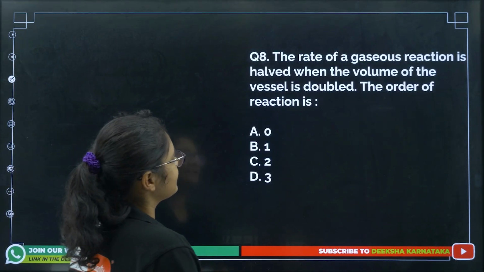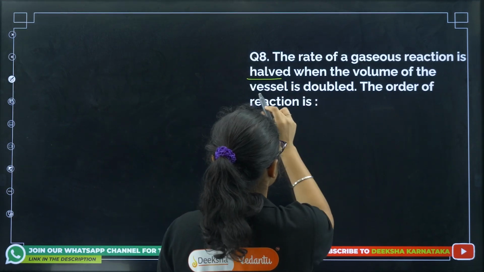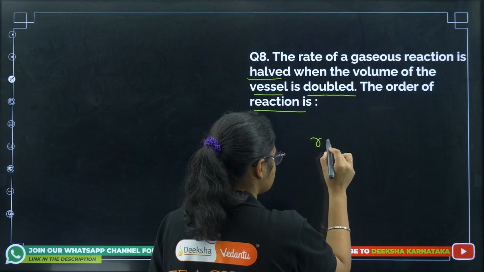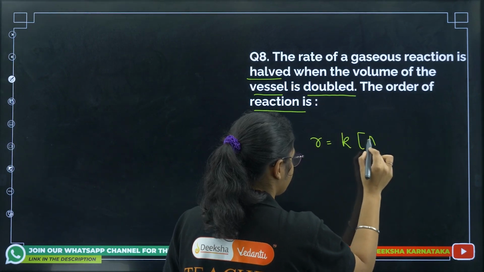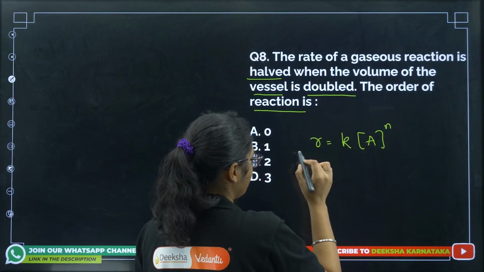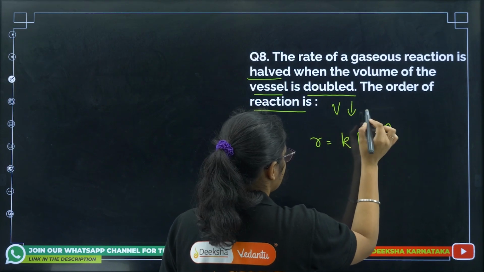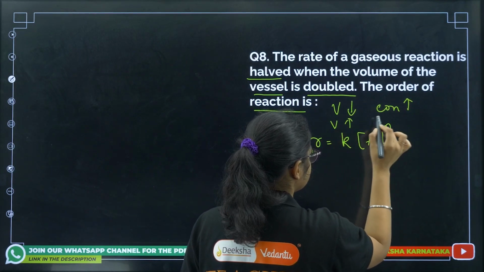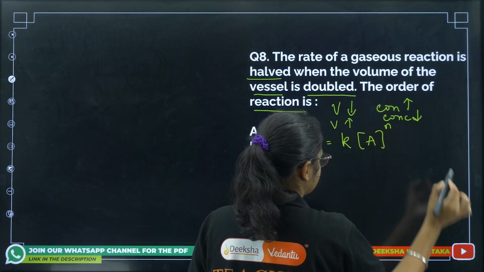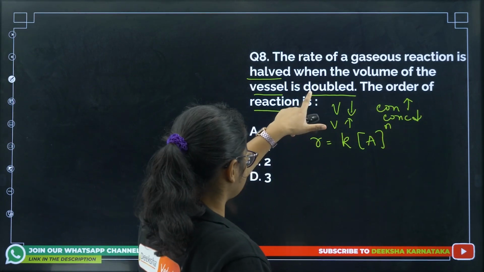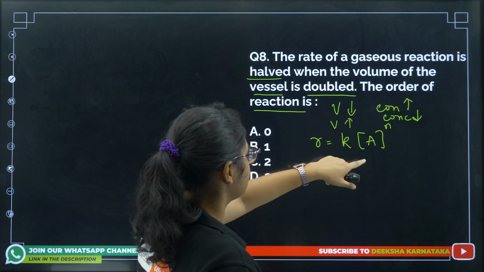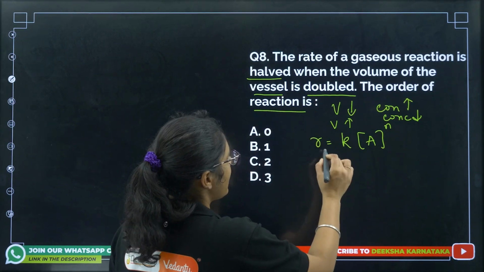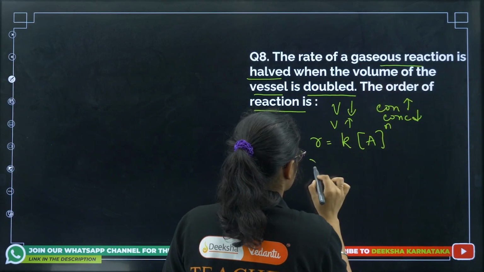Next, the rate of a gaseous reaction is halved when the volume of the vessel is doubled. The order of the reaction is? Let us write the equation: R is equal to K into A to the power of N. Remember, when volume decreases, concentration increases, and when volume increases, concentration decreases. Here the volume of the vessel has doubled, so concentration will become half, and the rate of the reaction is also becoming half.